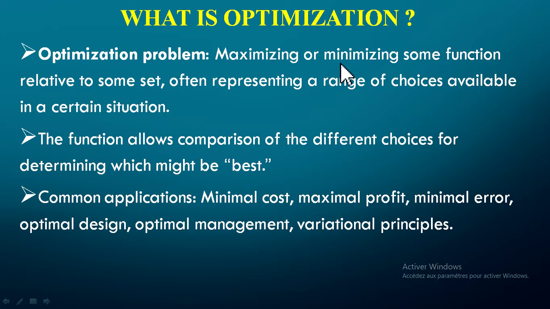Maximizing or minimizing some function relative to some set, often representing a range of choices available in a certain situation. The function allows comparison of the different choices for determining which might be best. Common applications are minimal cost, maximal profit, minimal error, optimal design, optimal management, variational principles.